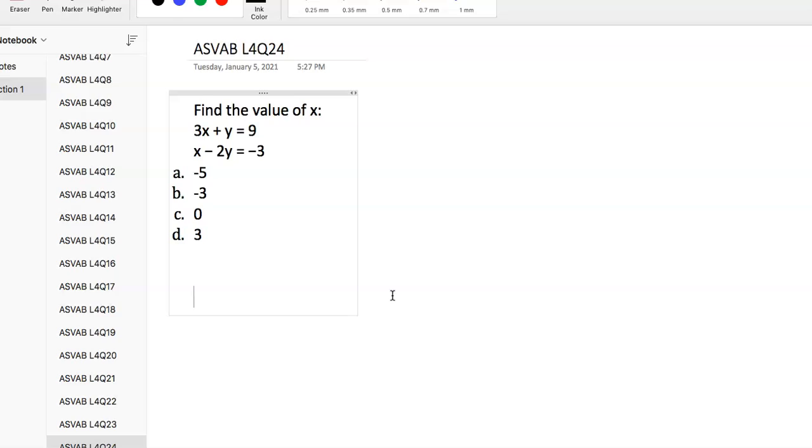Okay. So it says find the value of x. So we have 3x plus y equals 9, x minus 2y equals -3. Okay, so you do have a little bit of choice about how you go about this. In this one, what I would be doing is when I see 3x plus y is 9, right?